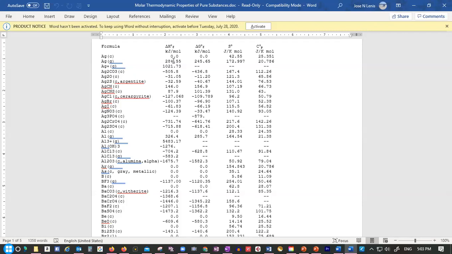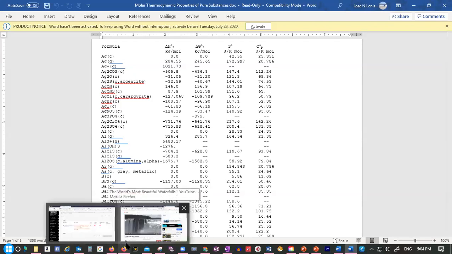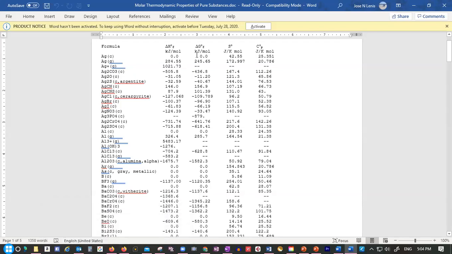Nowadays it's a lot easier. Let's say you want to know delta H and the entropy. Notice the entropy is absolute, there's no delta, because there's a way to measure absolute numbers for this.